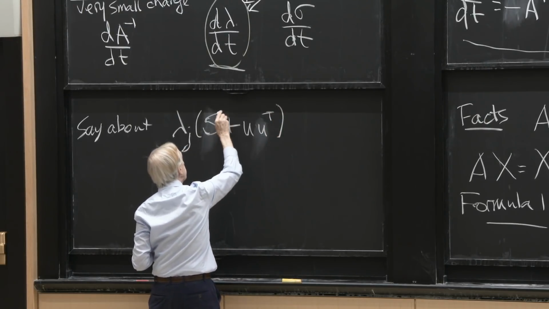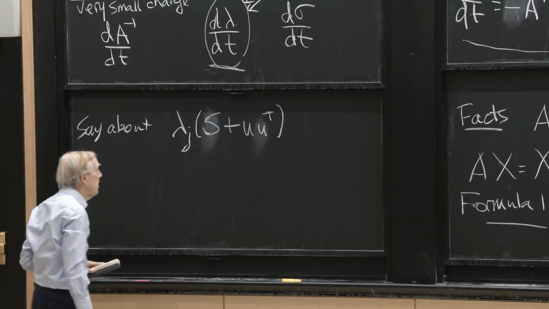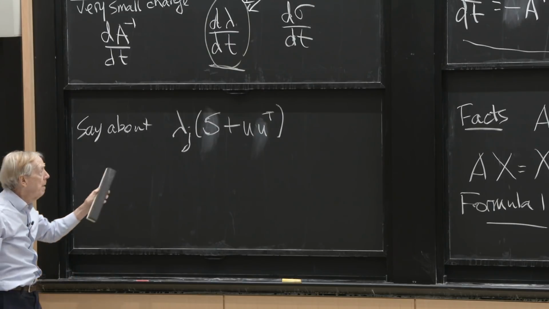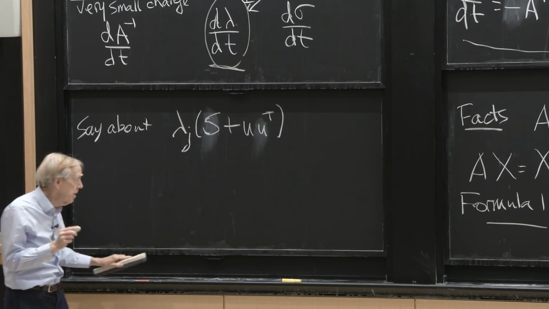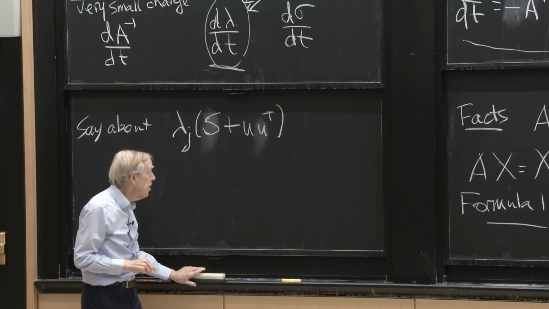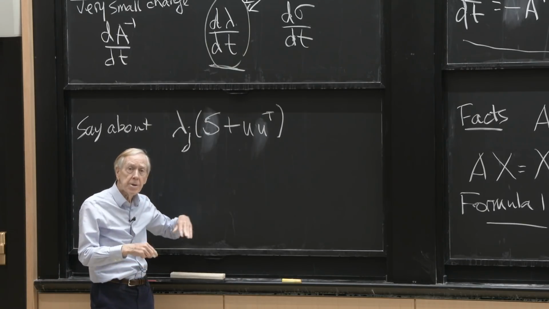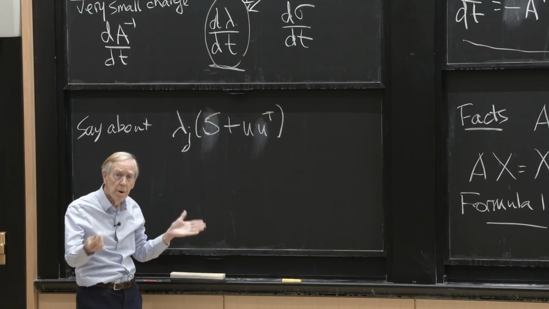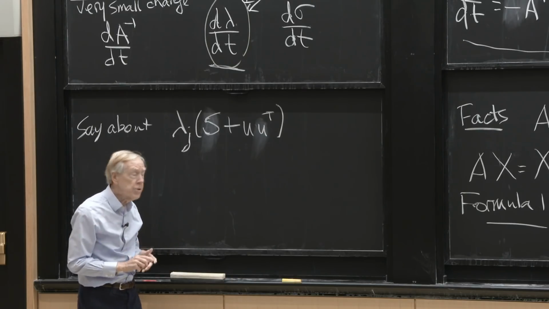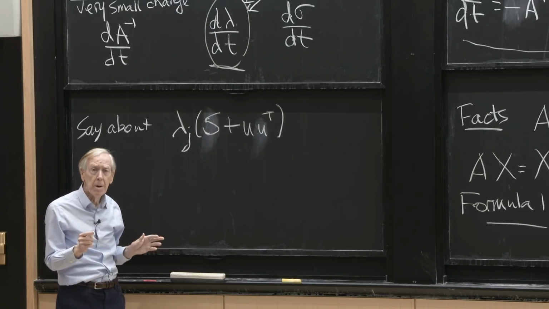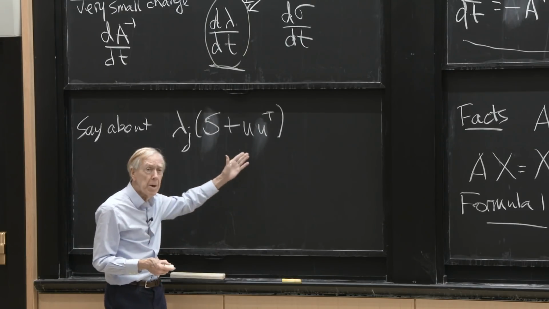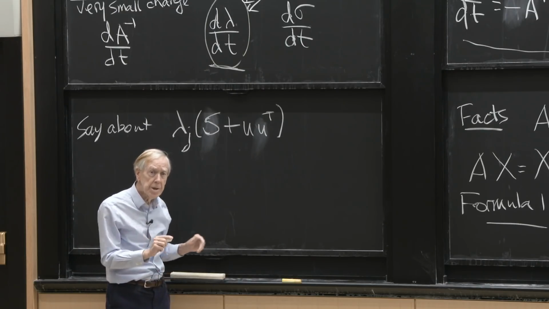So the question is, what can I say about the eigenvalues after a rank 1 change? So again, this isn't calculus now because the change that I'm making is a true vector and not a differential. And I'm not going to have an exact formula for the new eigenvalues, as I said.